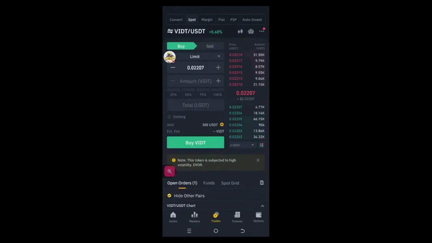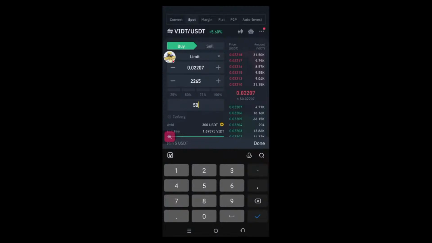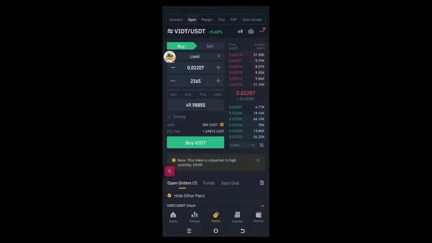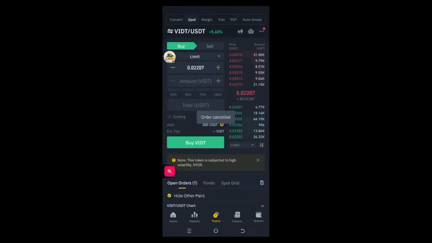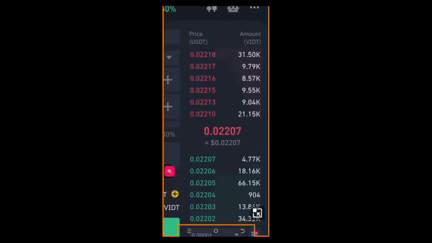Let's put in $50. Okay, let's see. Looks like it's in the queue, but I can cancel that. Okay, that means it wants me to buy at a higher price. 2210.